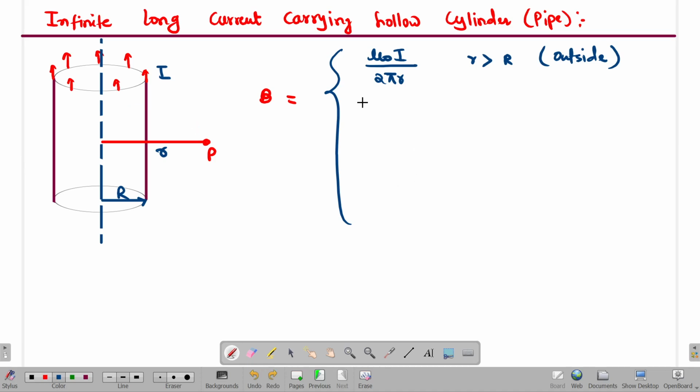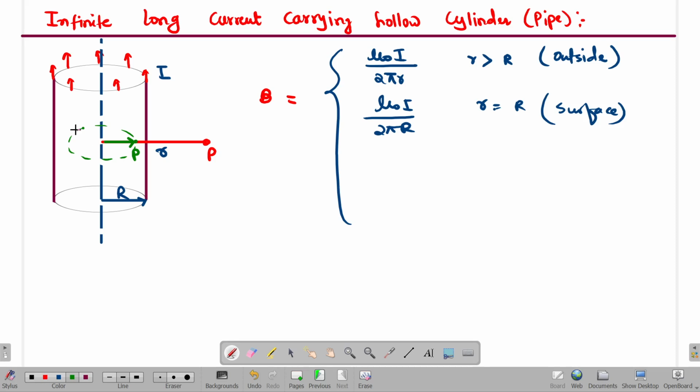Second, if I come on the surface, then it is the same: mu naught I by 2 pi capital R, with r equal to R, that is on the surface. When you select a point P inside and create the Ampere loop, is there any enclosed current?